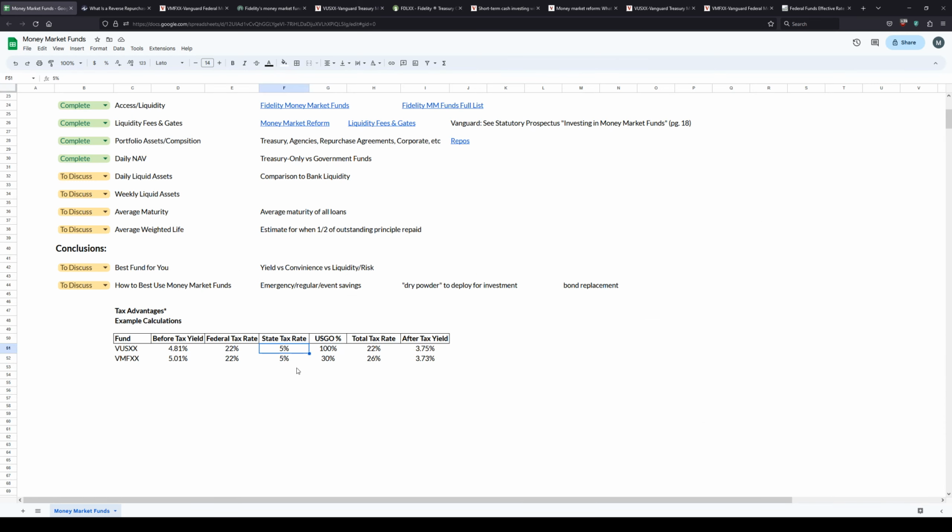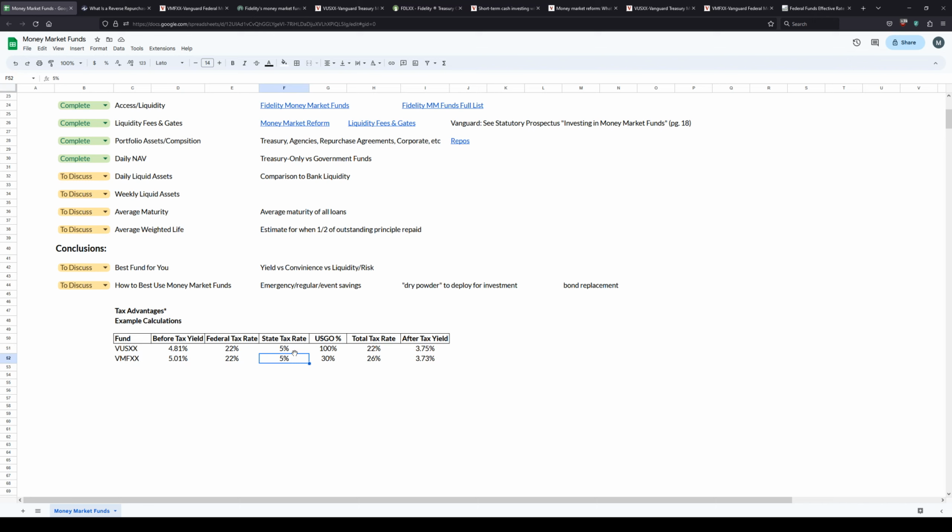but that would be assuming you do have a state income tax where you can take advantage of the state income tax free nature of the US government investment percentage and get a higher after-tax yield. Otherwise, the Vanguard Federal Money Market Fund probably looks pretty good for those without that state income tax or a low state income tax.